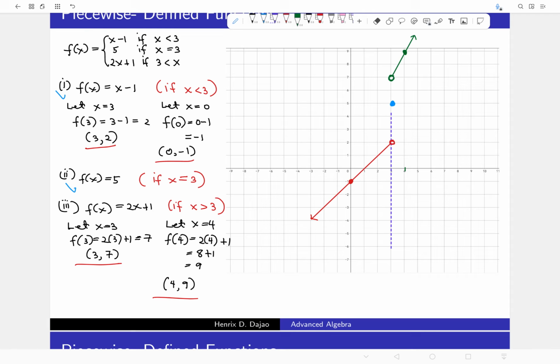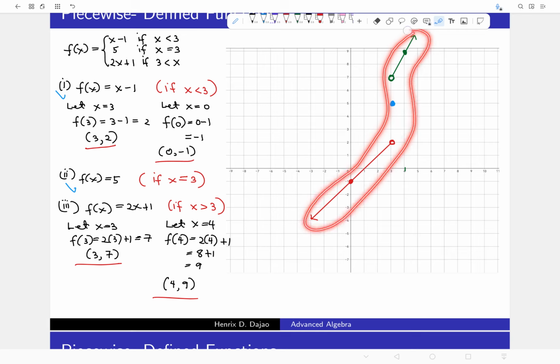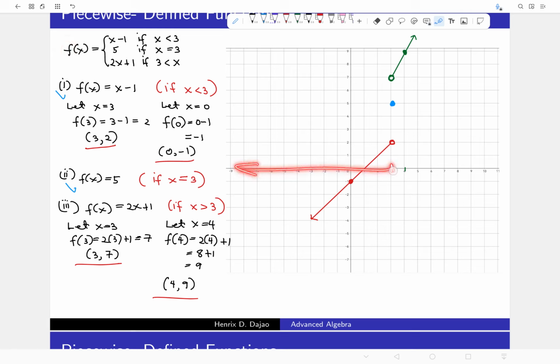So now I will erase this boundary thing. It will only be our guide. And so these 3 graphs right here in our xy plane are collectively the graph of our function f, which depends on our domain.